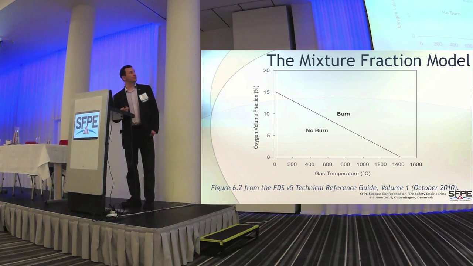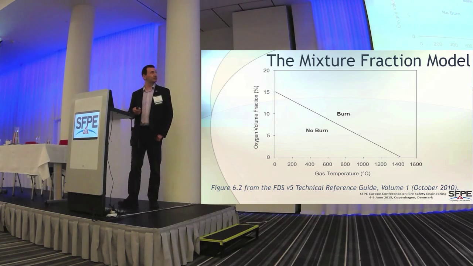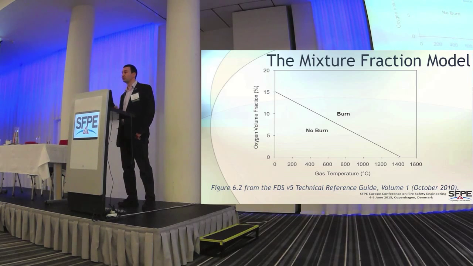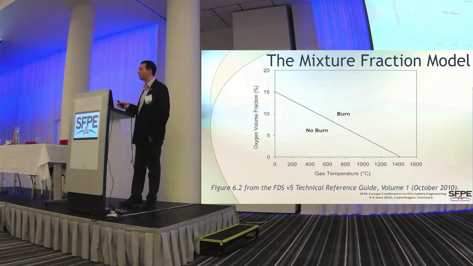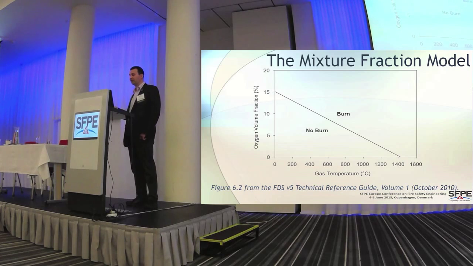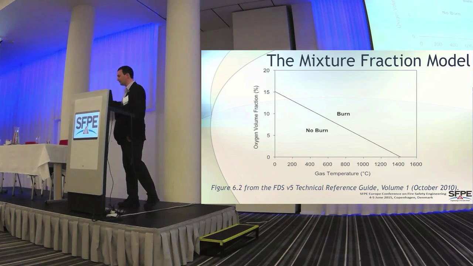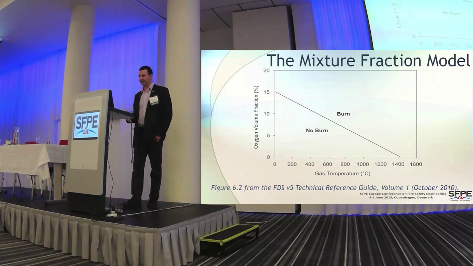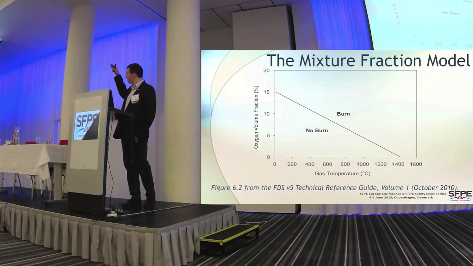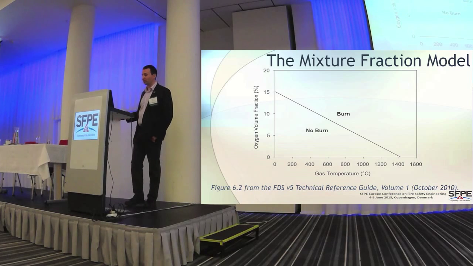At 0 degrees centigrade, if there's less than 15% oxygen, combustion does not occur. Even if there's a flammable gas there, if there's only 10% oxygen in this cell, FDS says no combustion. As the temperature goes up, obviously the chemistry can change, the dynamics change a bit, and the percentage level drops down.